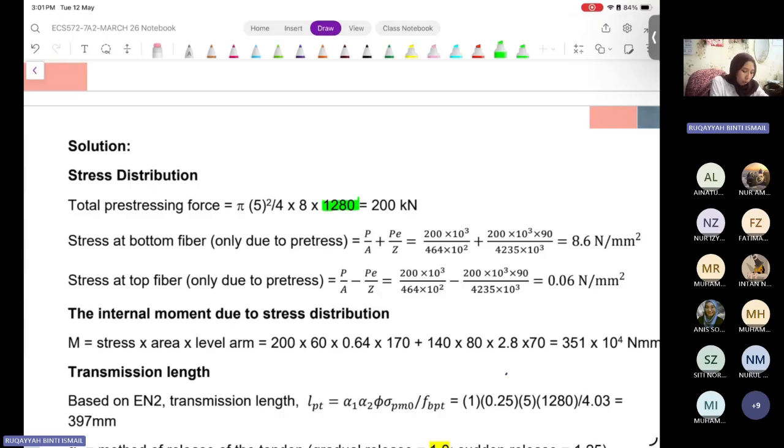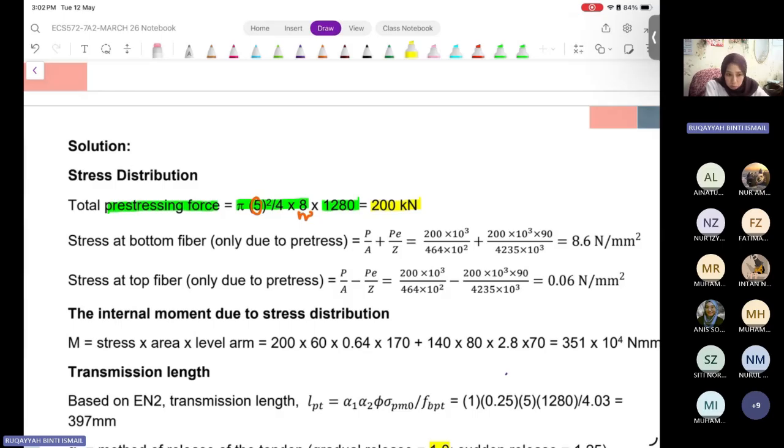So you use the pre-stressing stress of your tendon and multiply by the area, which is 8 wires, with the diameter of each wire being 5 mm. This will give you the initial pre-stressing force of 200 kN.